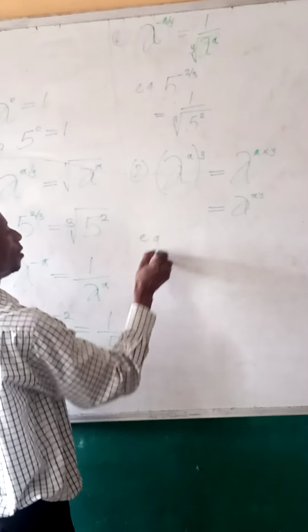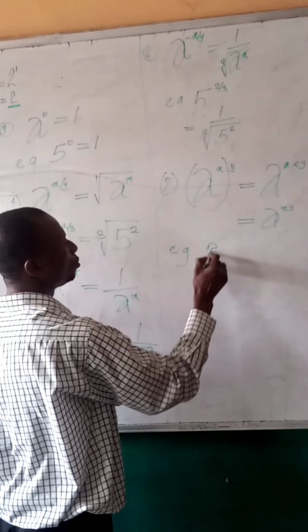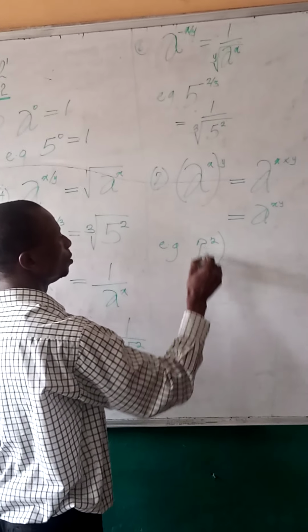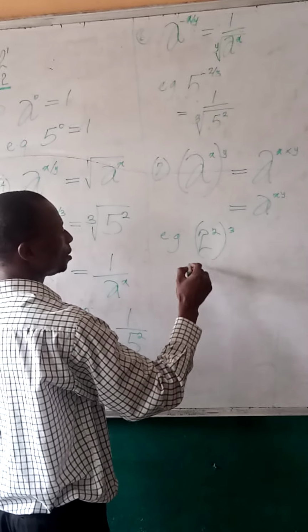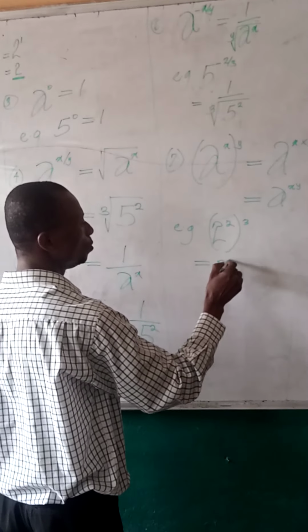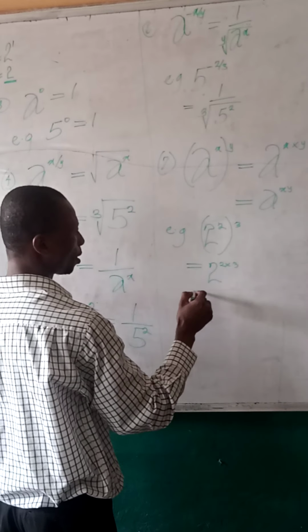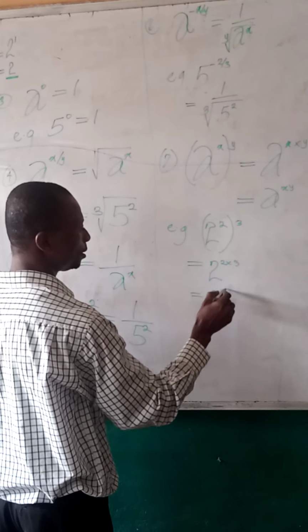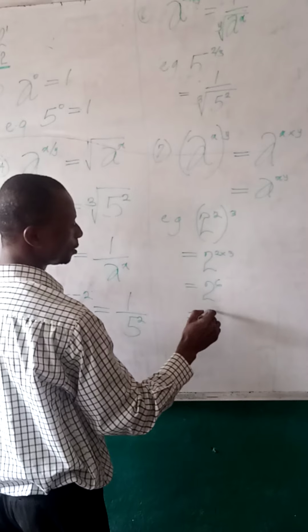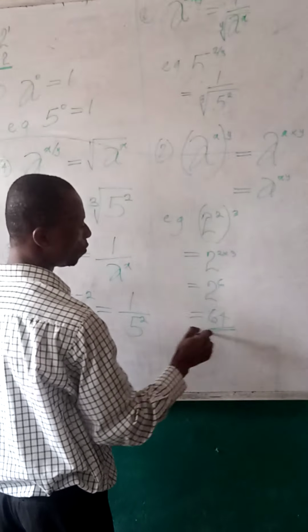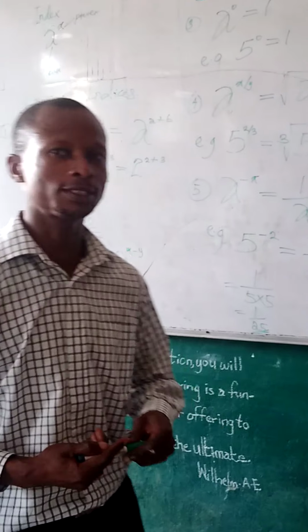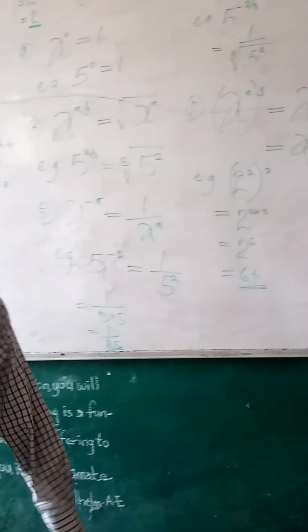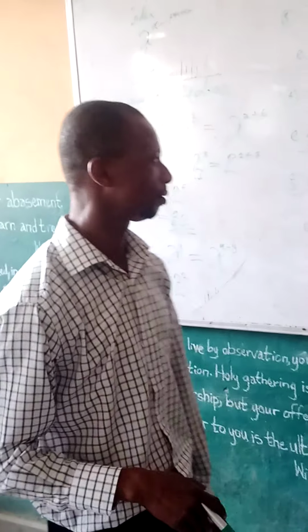E.g., if I have 2 raised to the power 2 enclosed in the bracket with 3, this implies 2 times 3, which will be 2 raised to the power 6, and 2 raised to the power 6 is equal to 64, which means 2 times 2 times 2 times 2 in 6 places. These are the 7 laws of indices. We will stop.